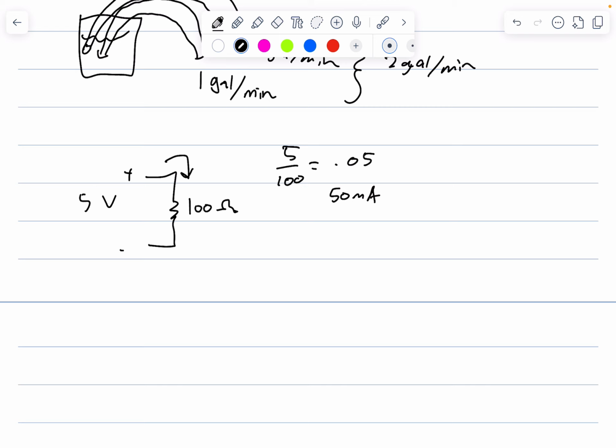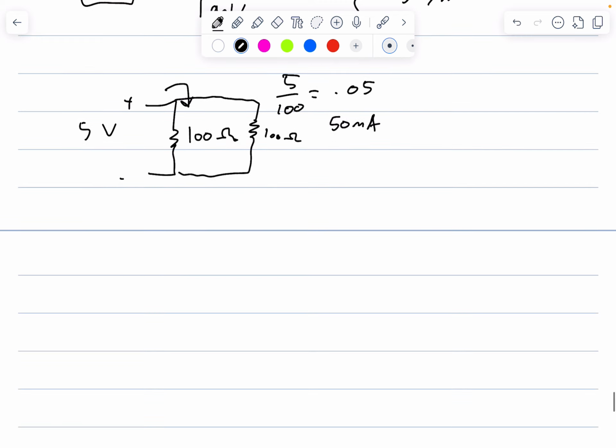Now, if I gave another resistor here, 100 ohms, it still sees 5 volts because the potential energy is the same. So just to back out, voltage is the same in parallel.